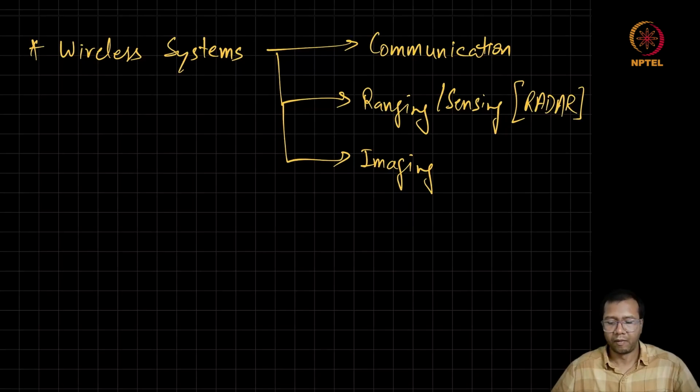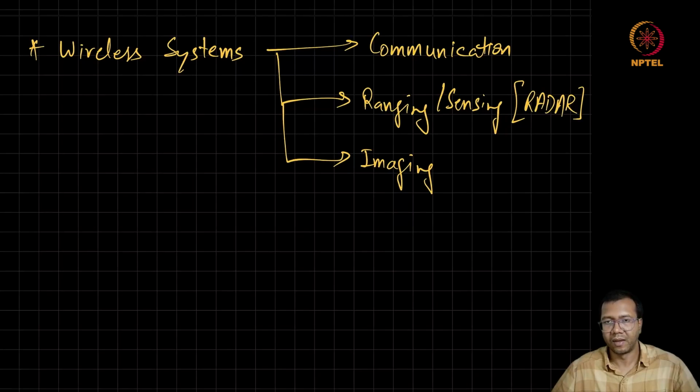But the circuits and systems used in wireless communication and wireless ranging can also be used to control the illumination of a target at a distance.